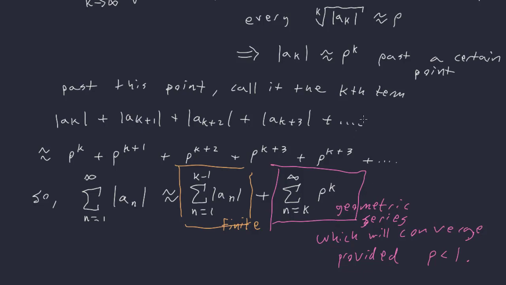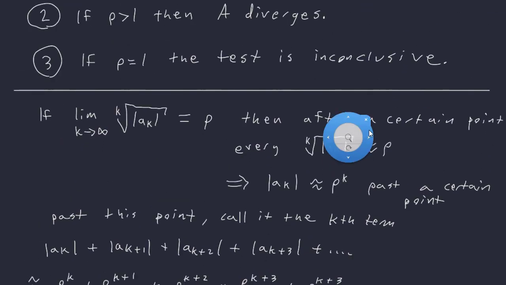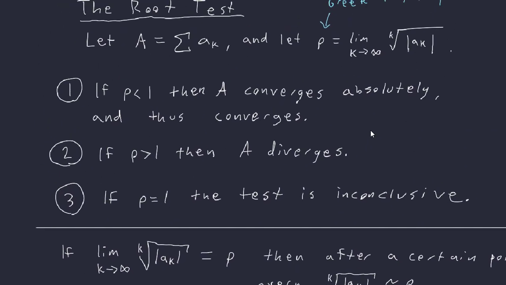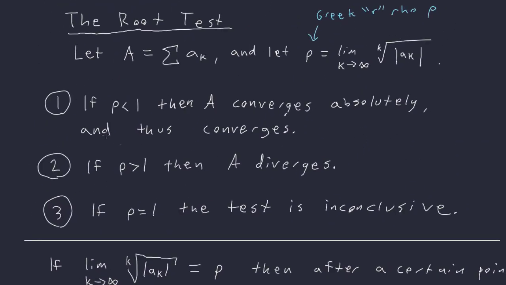All right, so what we're basically saying here is that if rho is less than 1, then A eventually behaves like a convergent geometric series.